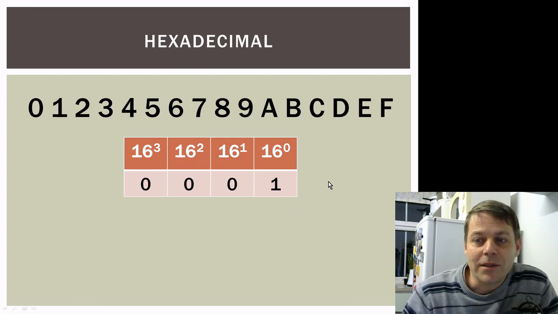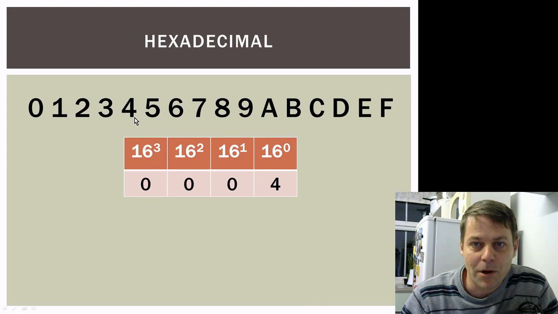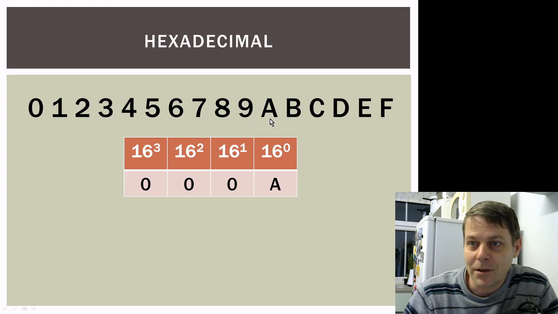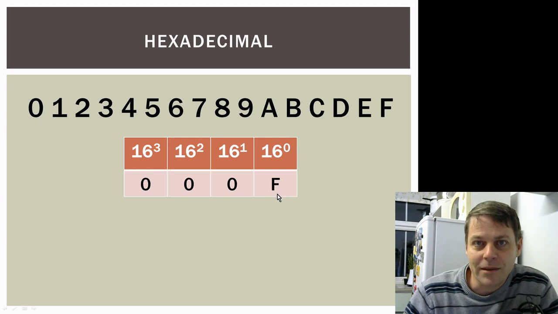And when we count, we start off with 1, 2, just like we did in decimal and in binary. We're just moving along our list of digits, 7, 8, 9, and then A, which, if it was decimal, would be 10, but it's A in hexadecimal, then B, then C, D, E, F. So this is decimal 15, but hexadecimal F. Now we've run out of digits, so we're going to carry into this column and move that column into the next digit and put this column back to 0.